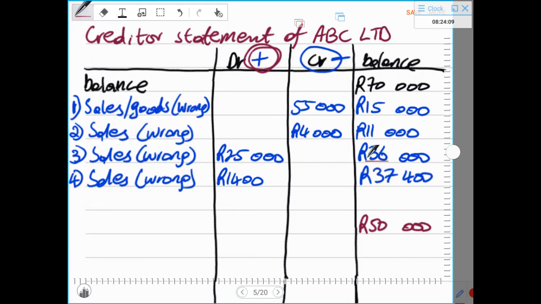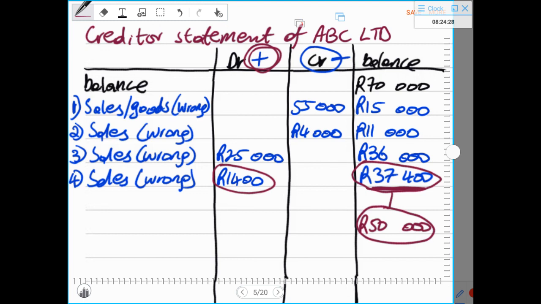Now our balance is 37,400, which is lower than what it was supposed to be, meaning by recording an understated amount on the debit side, it will understate the balance.